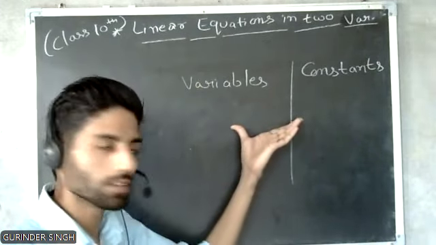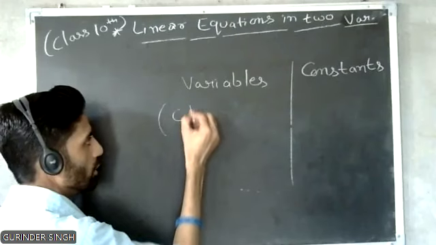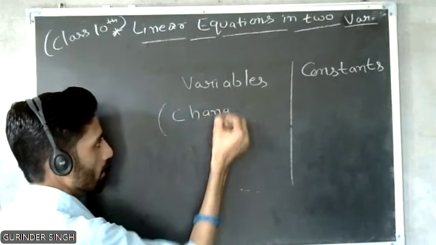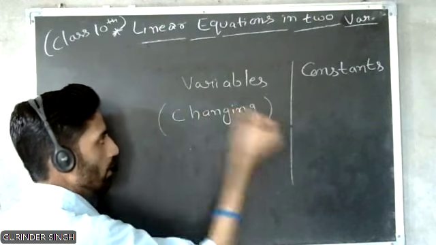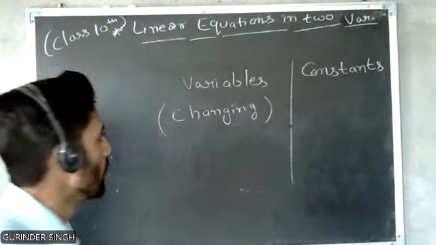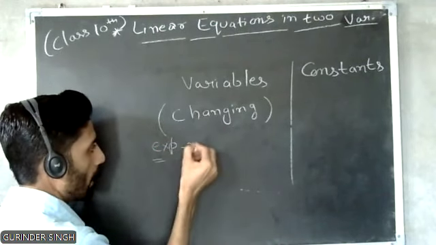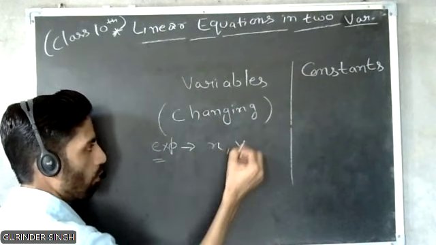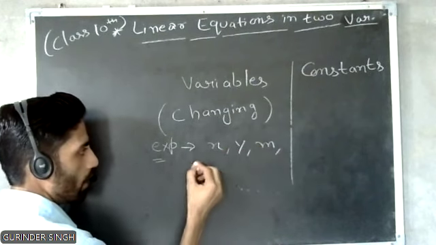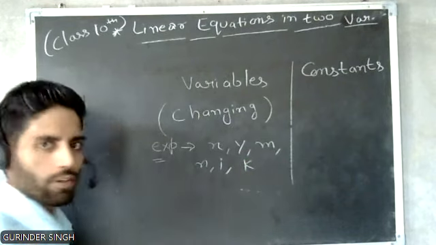So, what are the variables? Variables are something that keep changing, that change their values. You don't know what is the exact value of the variable. Examples are x, y, m, n, l, k. These all are variables.